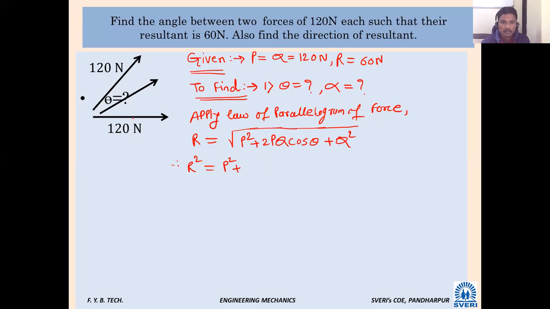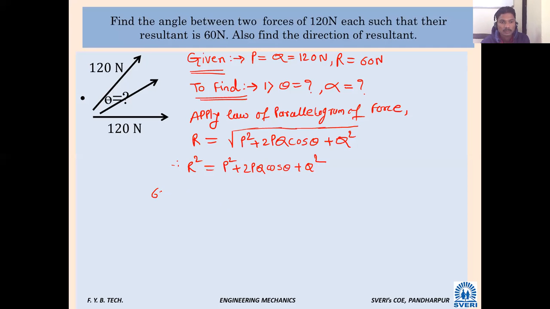So what do we want to find? We want to find this cos theta. Now the value of R square is known to us.